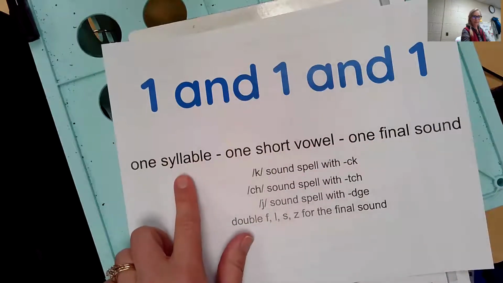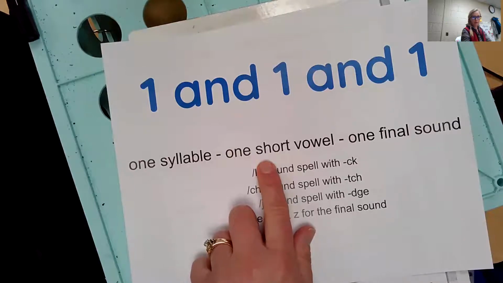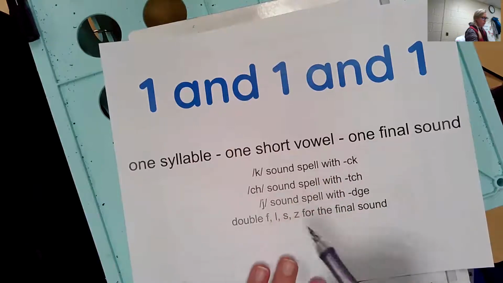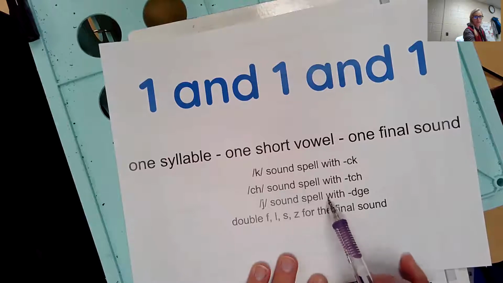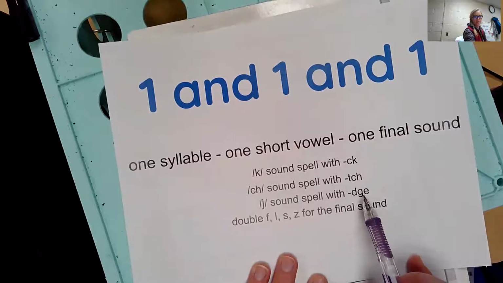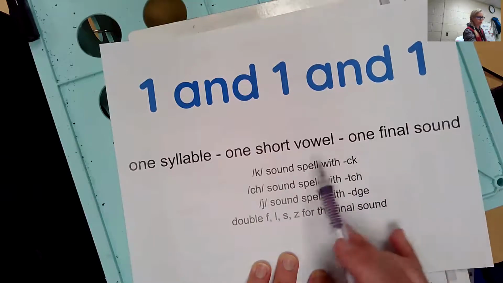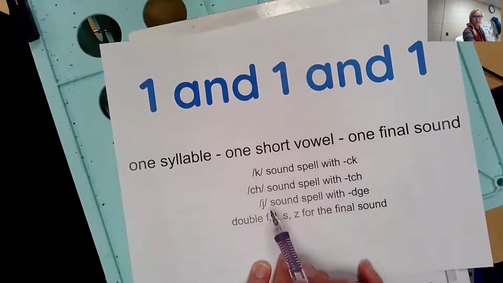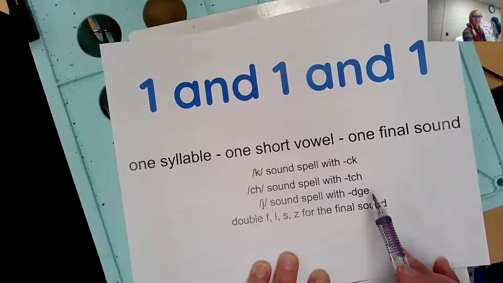If we have one syllable, remember that's 1 pound, we have one short vowel in our word and one final sound, and the final sound is J, we're going to use the letters D, G, E. So if that final sound is J, we always use D, G, E.